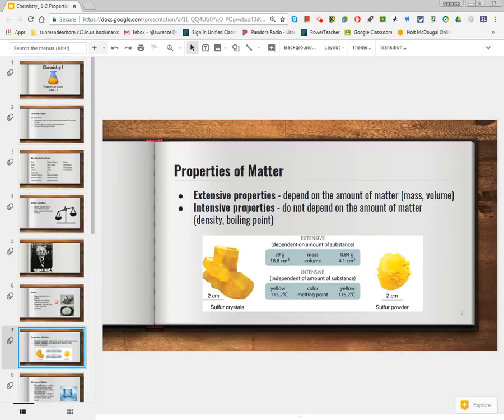So if you want to keep these straight, think of intensive properties as things that are inside characteristics. What are features, what are properties, what are characteristics that a substance has that are true no matter what you do to the property on the outside?